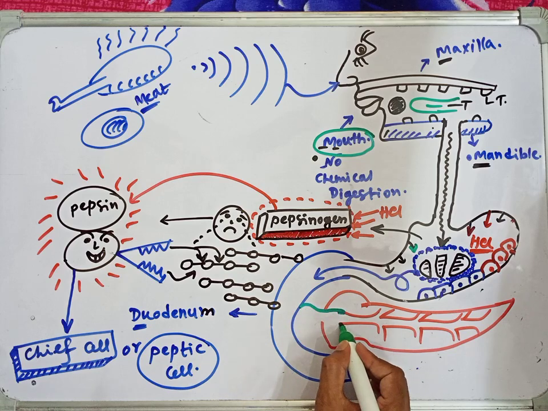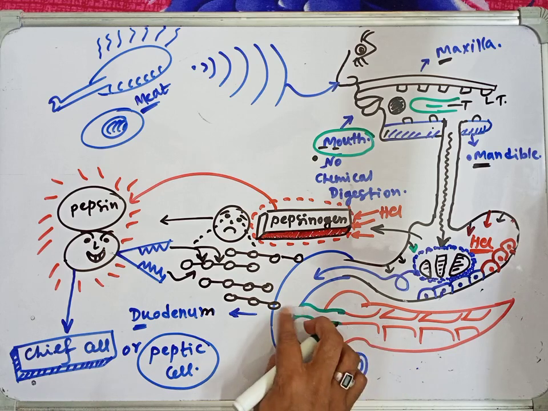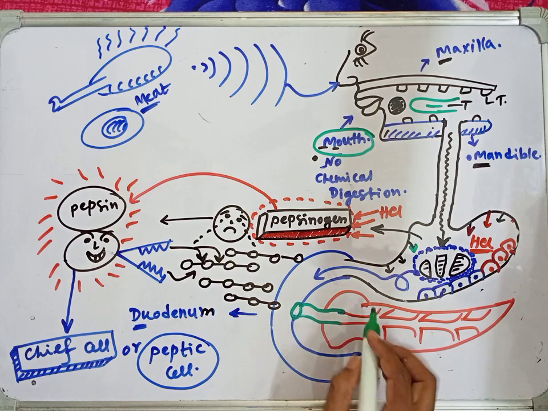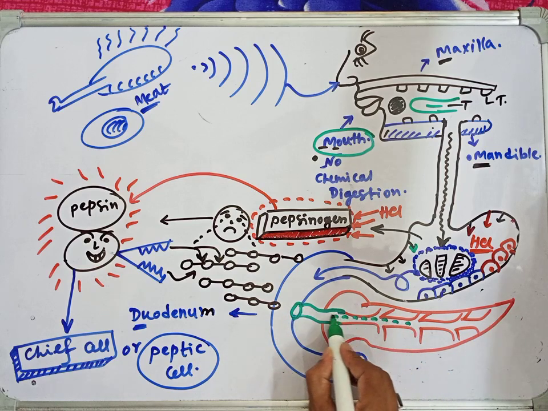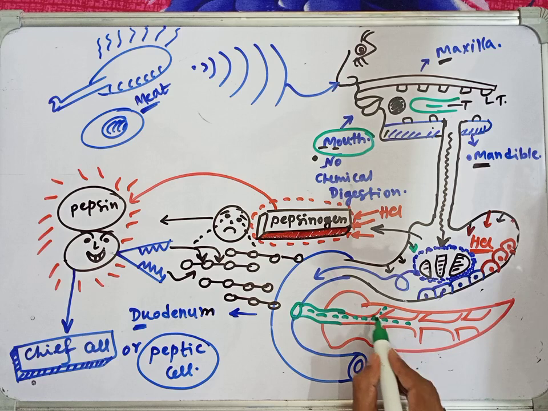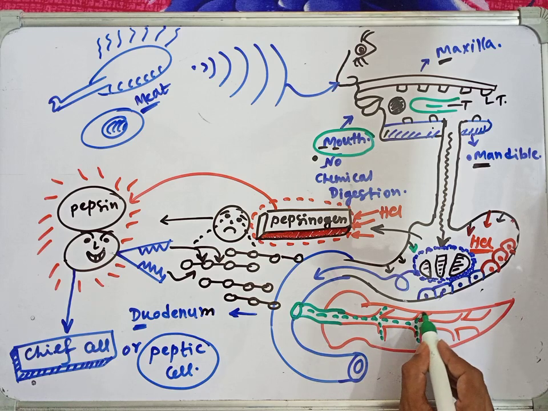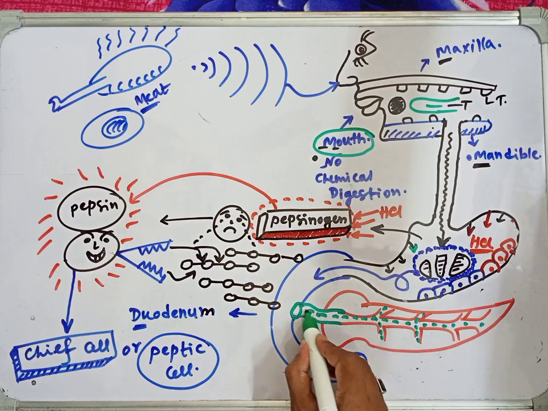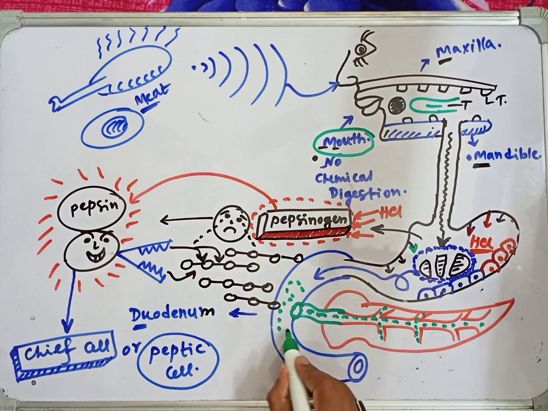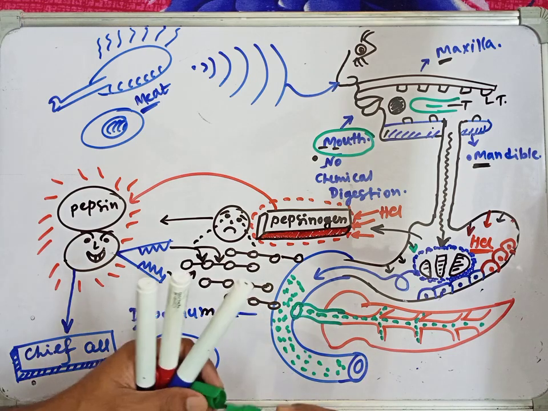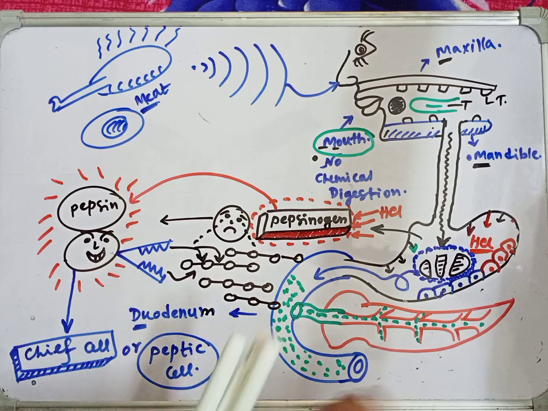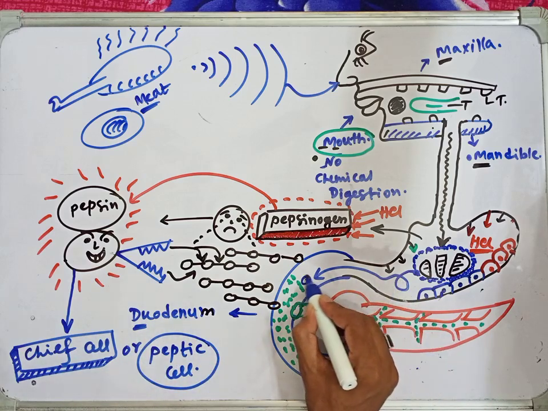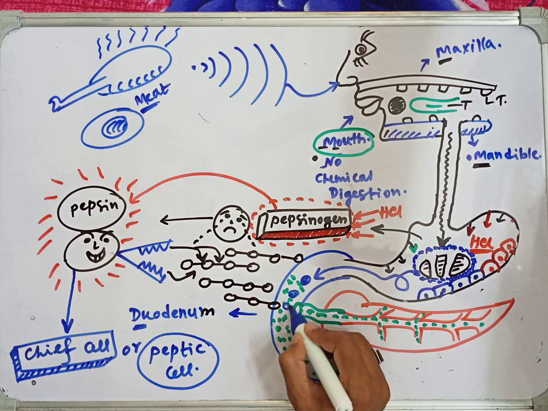This pancreatic duct directly opens into your duodenum, and pancreatic juice, that means pancreatic protein digestive enzyme, finally pours into the duodenum, right? That is, pancreatic protein digestive enzyme is now available in the duodenum. And your partially digested food also comes into the duodenum.